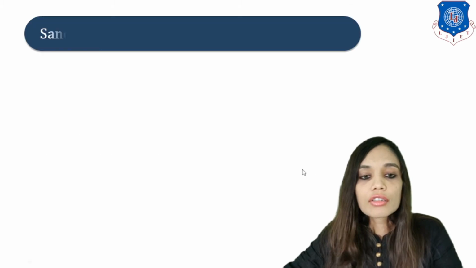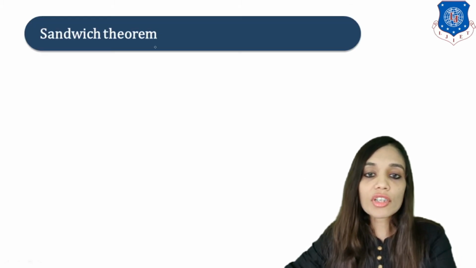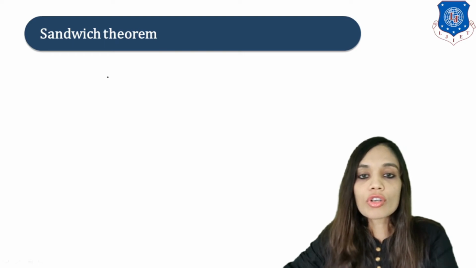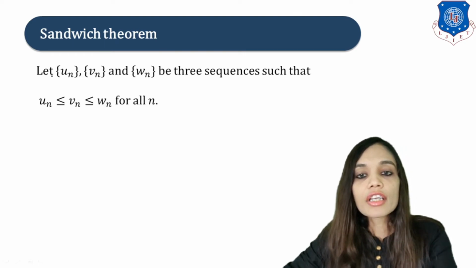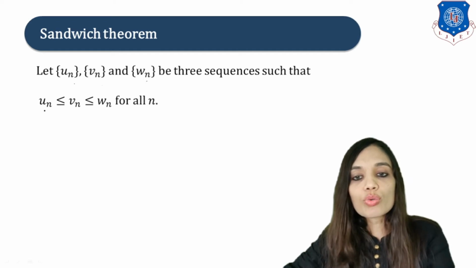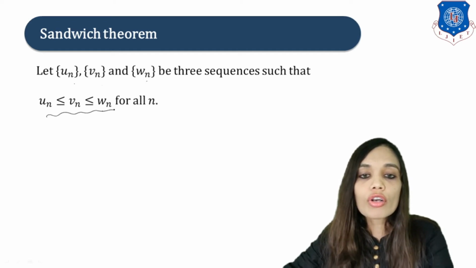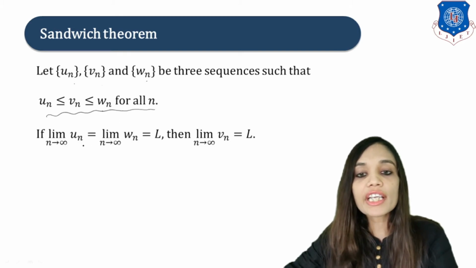Okay. So next is our sandwich theorem. Very important theorem. So let us start with its statement. If we are given three sequences un, vn and wn such that un less than or equal to vn less than or equal to wn for all n, then what can we say?